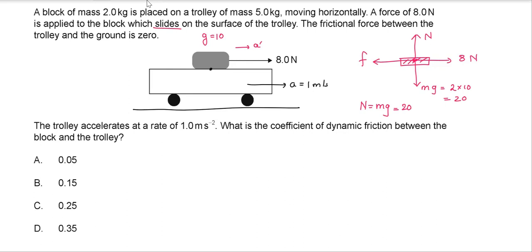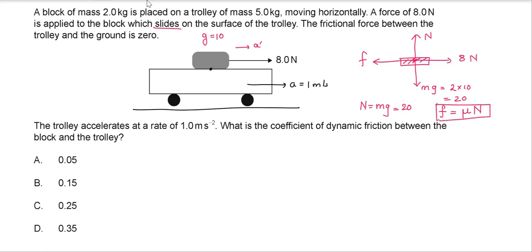But for this question, we don't need the acceleration of the block. What we need is the coefficient of friction. Friction is equal to mu, the coefficient of friction, times the normal force. The one unknown here is the friction.